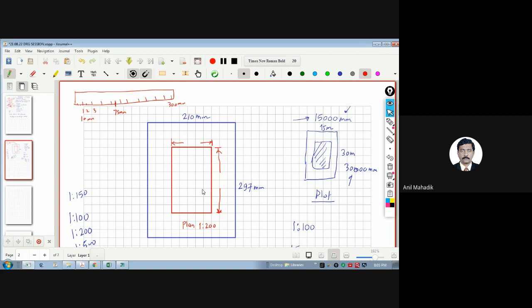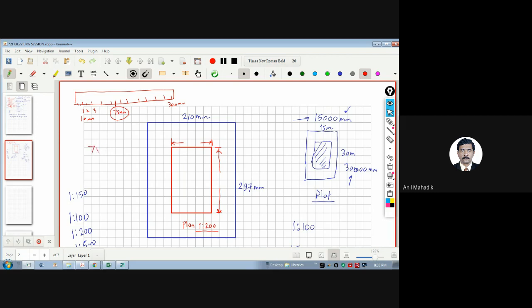On site. Here I'm writing 1:200 and I'm not giving any dimension, and I'm asking you, please tell me the real dimension on site. So what will you do? You can measure it by scale.